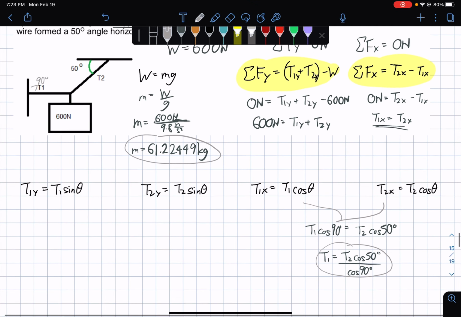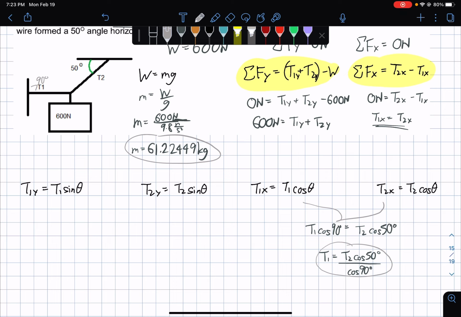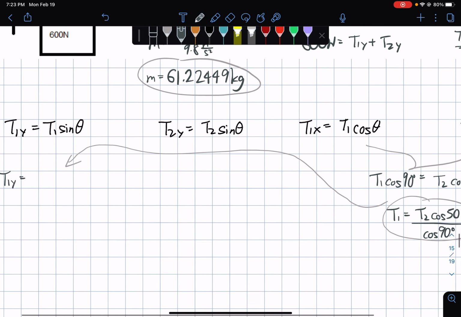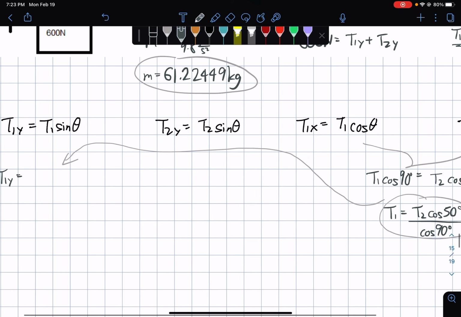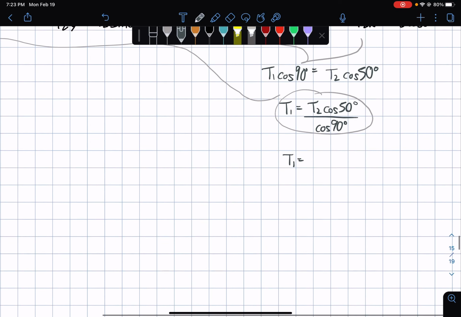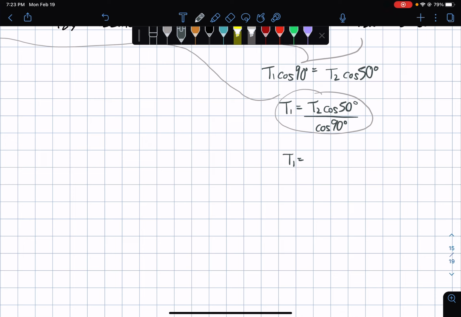Okay, now let's use that here. T1y is equal to... hang on, we can still simplify this. I keep forgetting the need to simplify. So cos 50 over cos 90, what is that equal to?